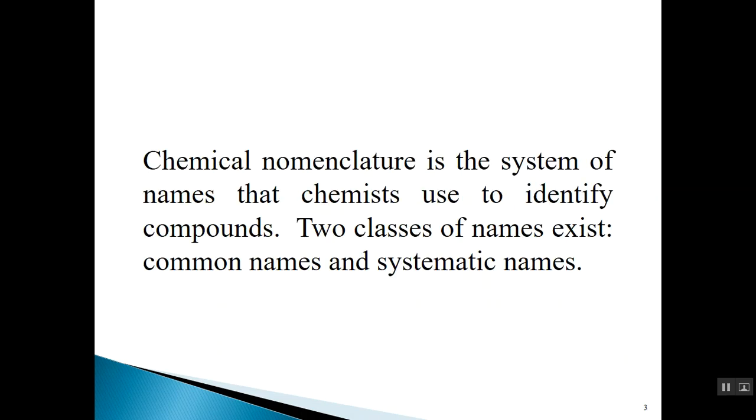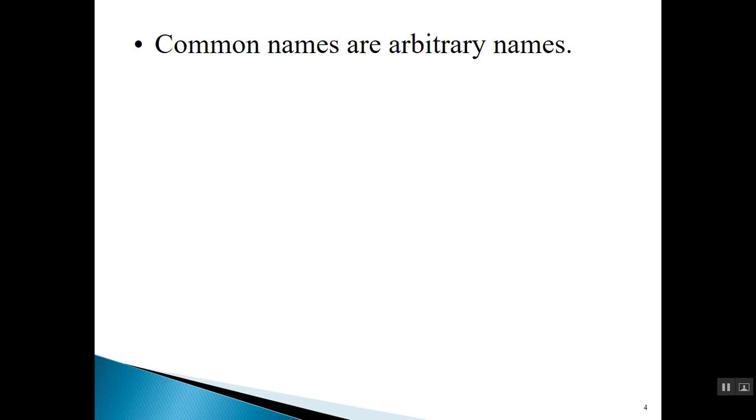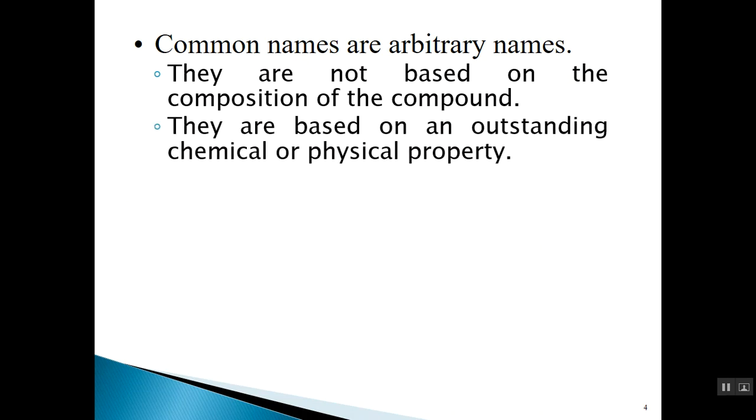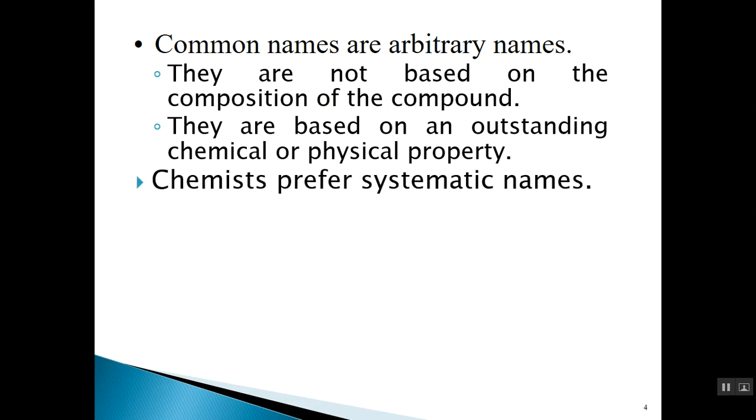Now, the common names are derived primarily from the properties displayed by these different substances. So they're not really based on the composition of the substance itself. As stated here, they're based on some observable and outstanding chemical or physical property.